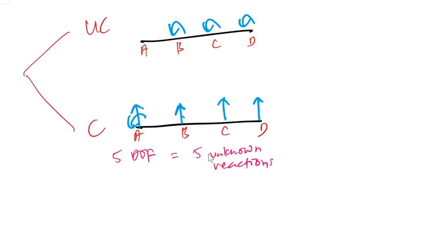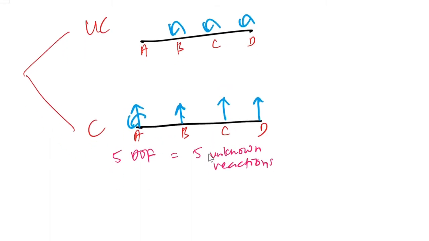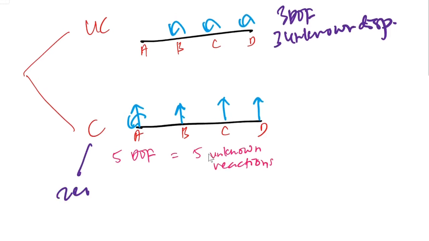When we label, we need to label starting from unconstrained. In unconstrained, there are 3 degrees of freedom, representing 3 unknown displacements. For constraint, we call this 0 degree of freedom.